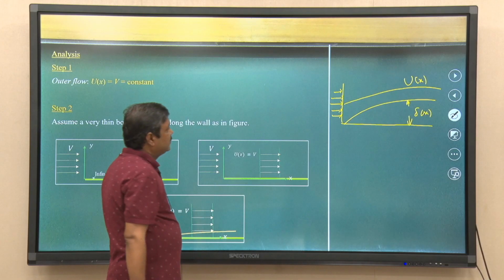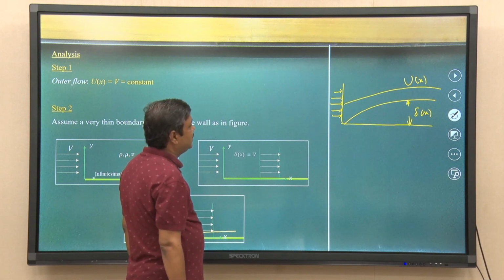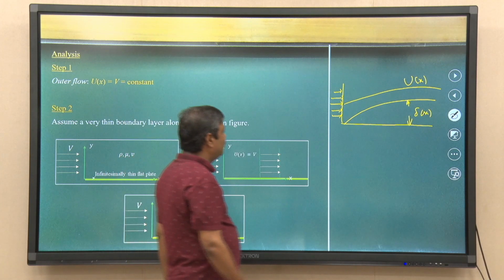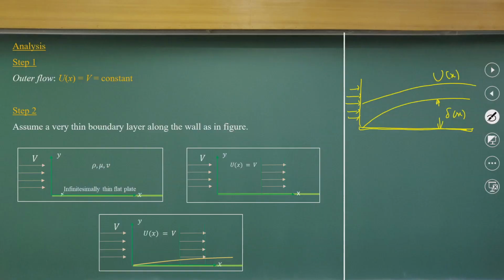That means this is the case we are looking at: very simplified, with a very thin plate, boundary layer formation happening, and we also consider a laminar boundary layer. For that, the free stream velocity just outside the boundary layer could be considered varying with x, but with a simplification of zero pressure gradient.